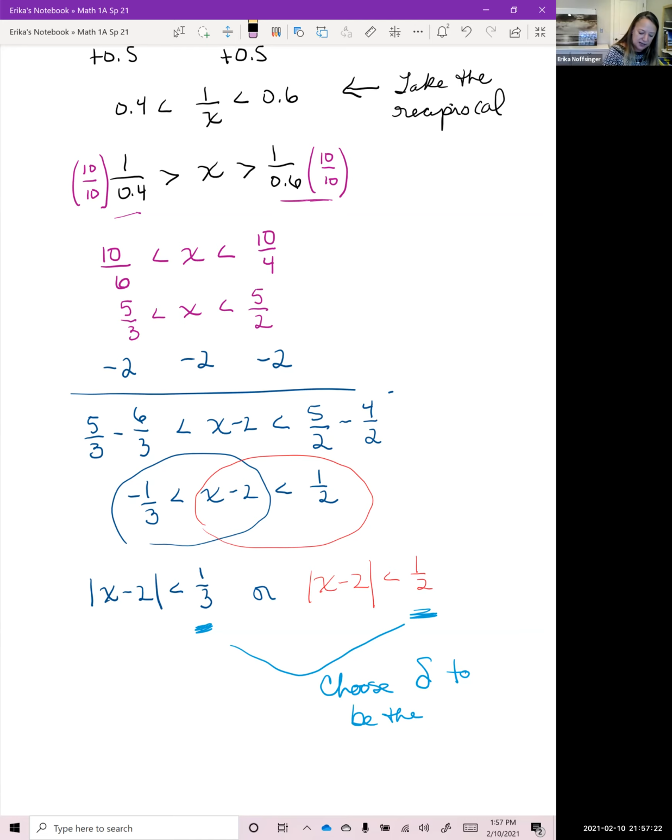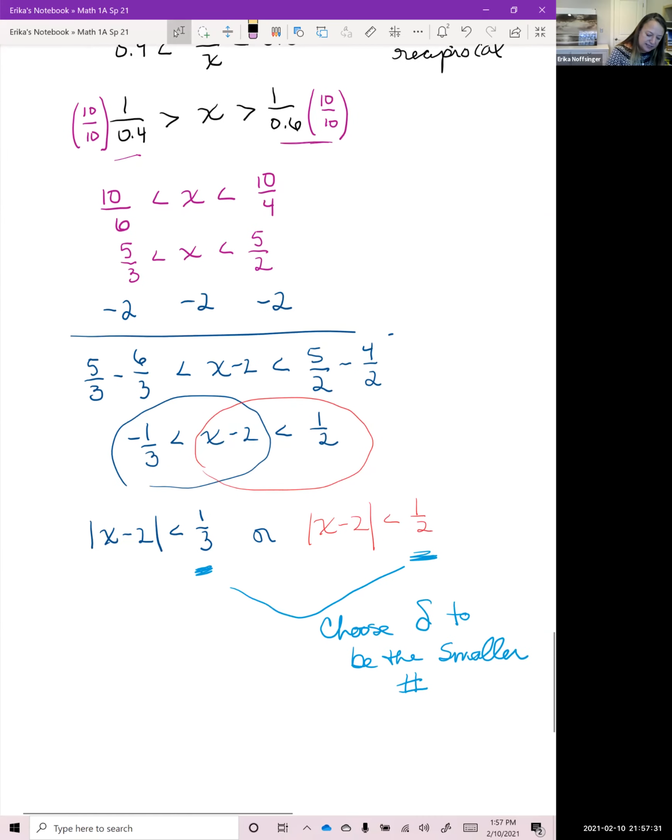So you want to choose that delta again to be the smaller number. And so in this case, we'll choose delta to equal 1/3.